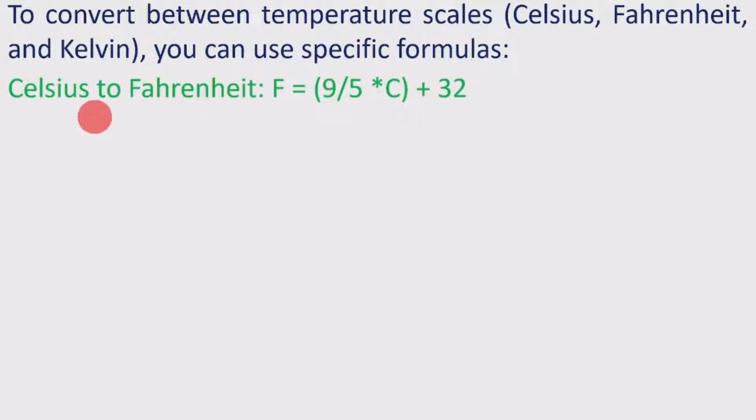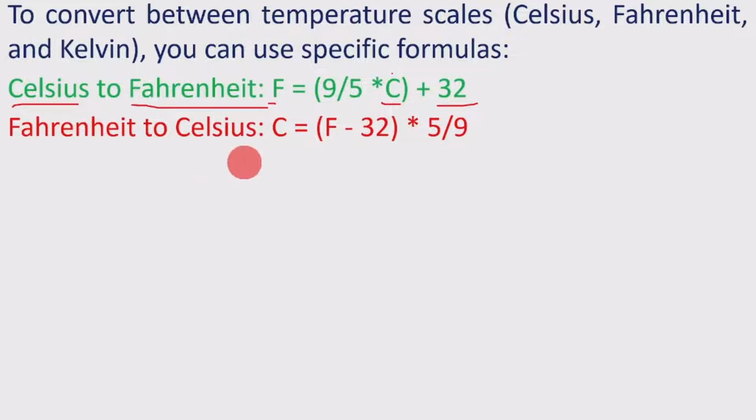If we have the temperature in Celsius, then the Fahrenheit temperature is equal to 9 by 5 multiplied by the temperature in degree Celsius, plus 32. Similarly, Fahrenheit to Celsius: the temperature in Celsius is given by F minus 32, multiplied by 5 by 9.